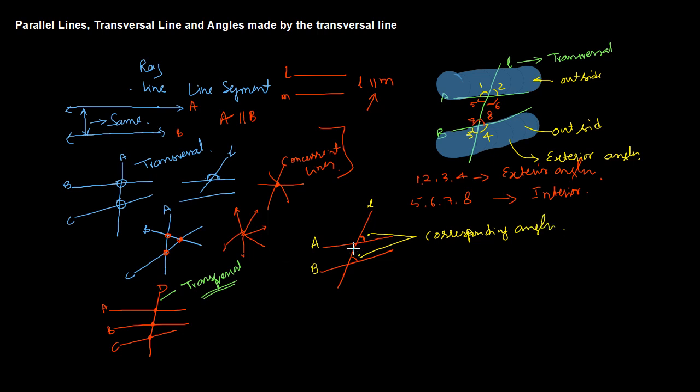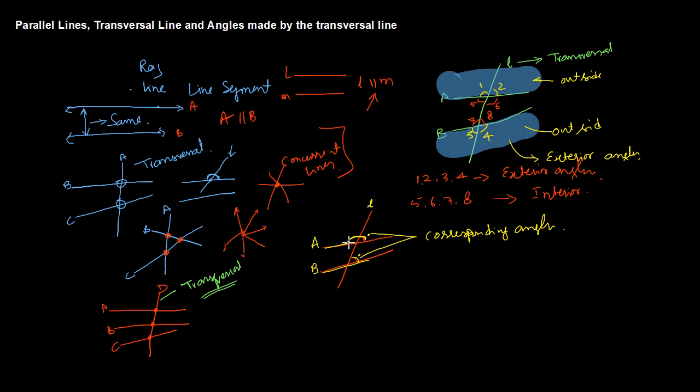Angles on the same side of the transversal. So if I take this on line A, it's on the upside, and on line B, it's on the upside, corresponding angle.